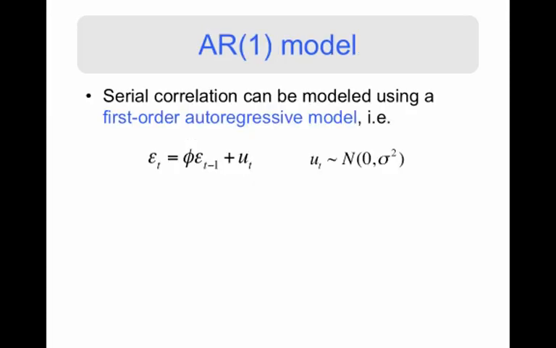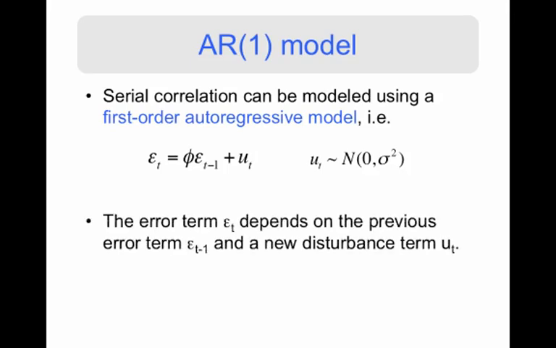Perhaps the simplest model that we could use is the AR(1) model, and so I'm going to focus on that in this module. We often model serial correlation using this first order autoregressive model. Here we write ε_t = φ ε_{t-1} + u_t, where φ is a constant and u_t is normal with mean 0 and variance σ². So now the error term ε_t depends both on the previous error term ε_{t-1} and a new disturbance term u_t, a new noise term.